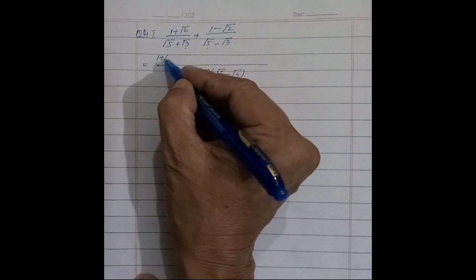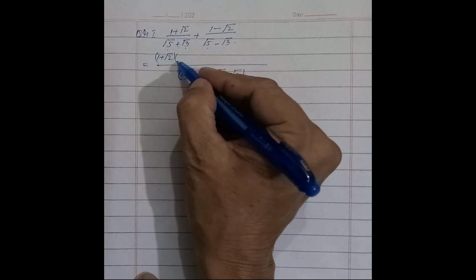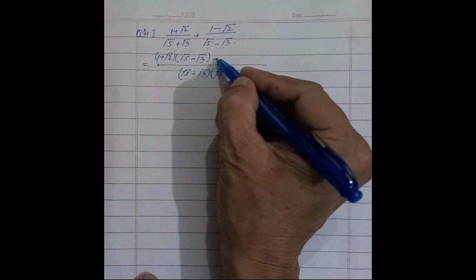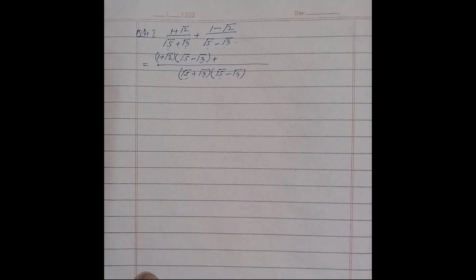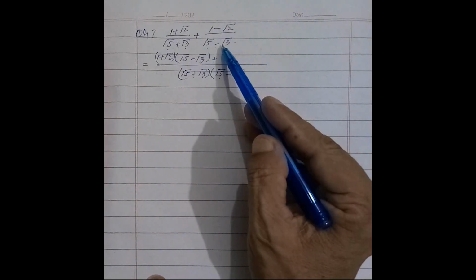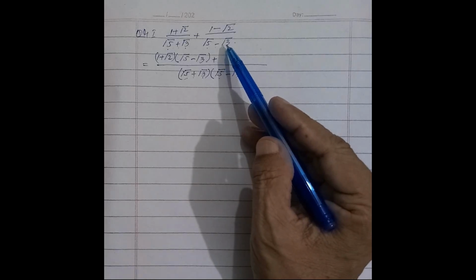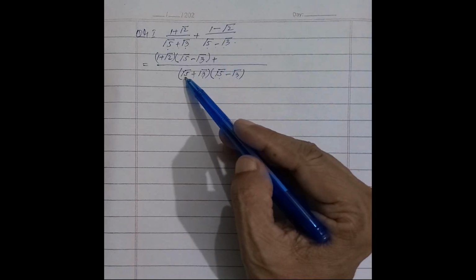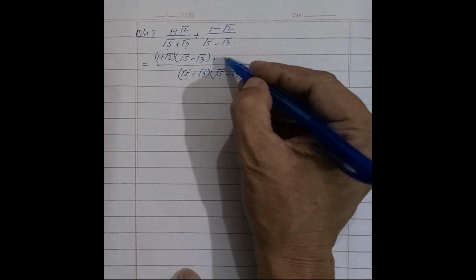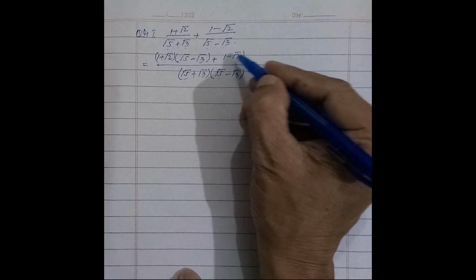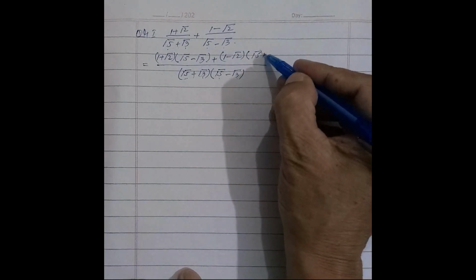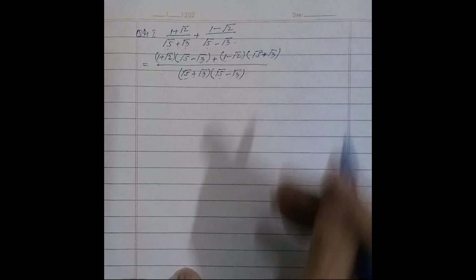We get (1 plus square root 2) into (square root 5 minus square root 3) plus, in the same way, the LCM is divided by the second denominator, the answer is square root 5 plus square root 3, and it is multiplied with the numerator. We get (1 minus square root 2) into (square root 5 plus square root 3).